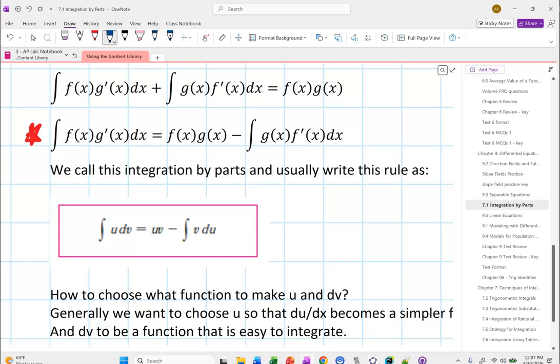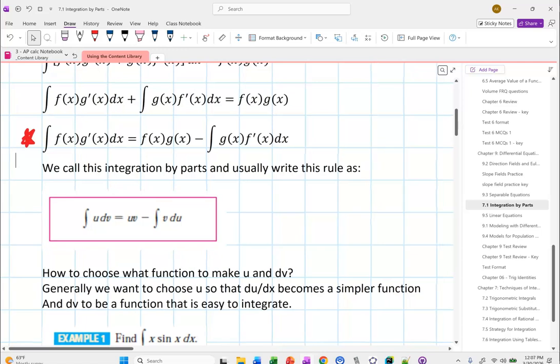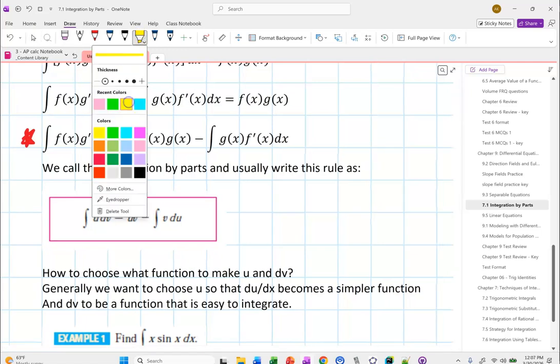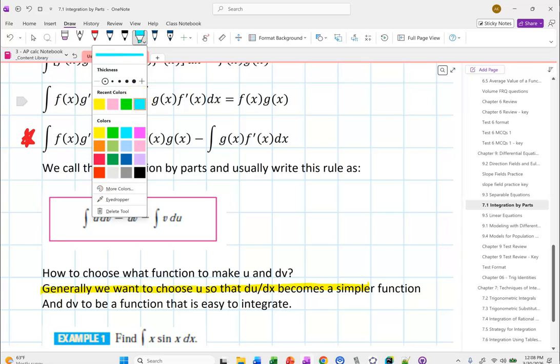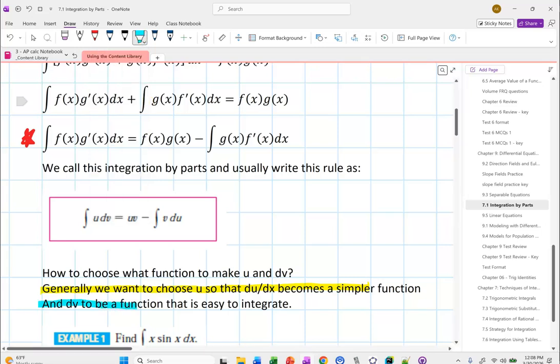Okay? So the question really becomes, how do I choose what part of my integral to call U and what part of my integral to call dV? That's typically the hardest part. The tip is generally we want to pick our U so that the derivative becomes simpler, and we want to pick the dV so that I have a function that's easy to integrate.